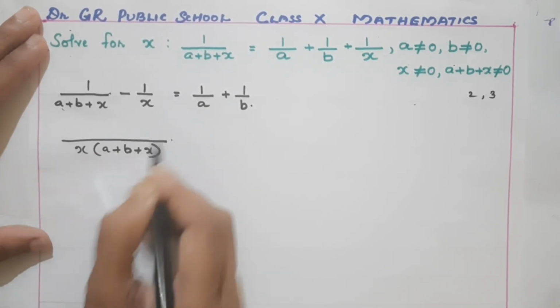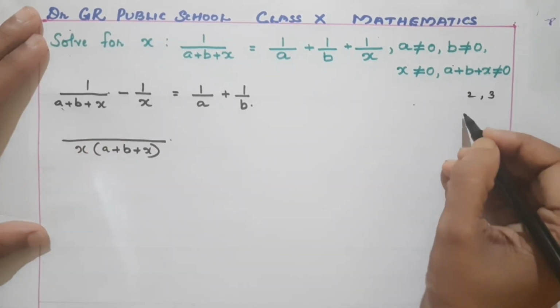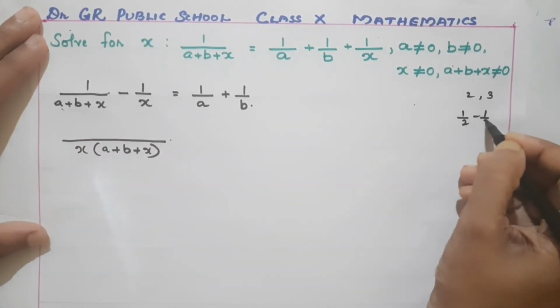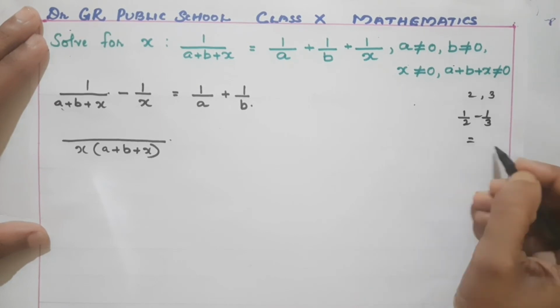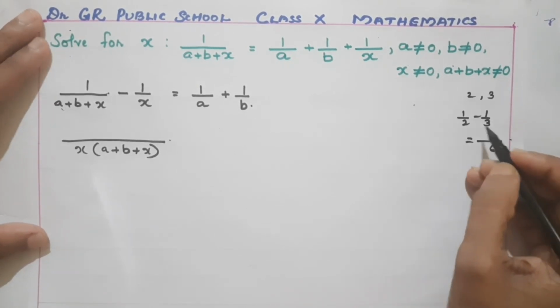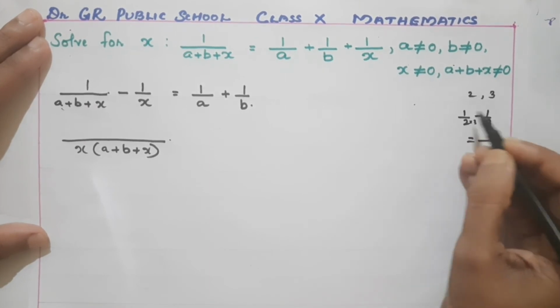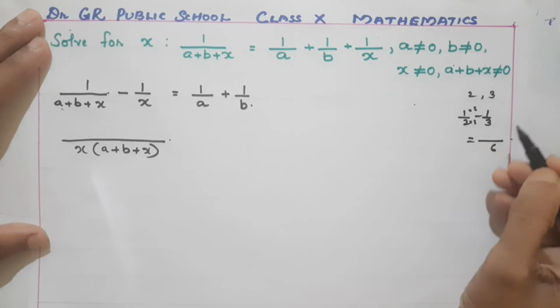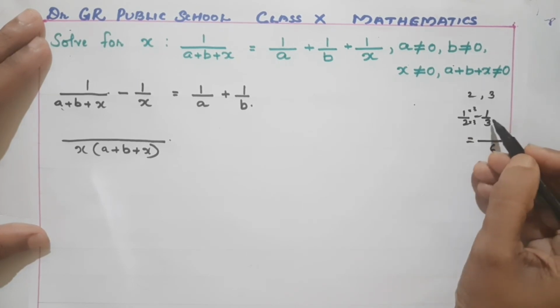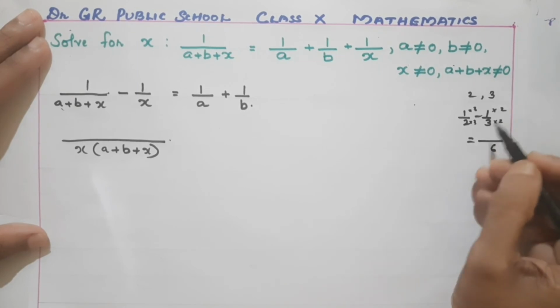Now numerator. How will you simplify 1 by 2 minus 1 by 3? 6 as LCM. Okay. Then 2 into which number? 6. 2 into 3 is 6. So here also we will multiply 3. Here 3 into 2 is 6. Here also we will multiply by 2.